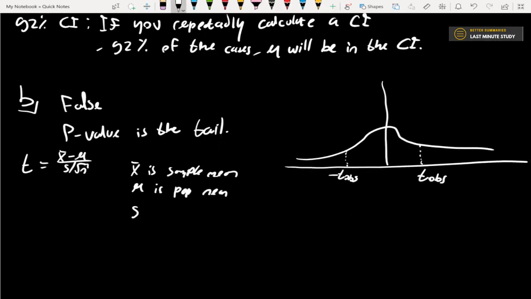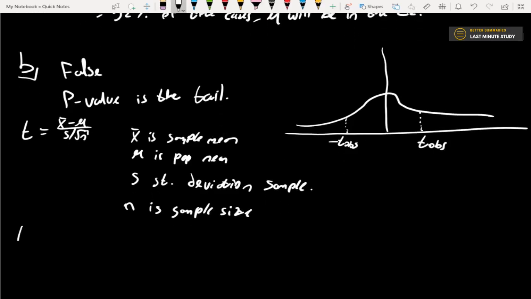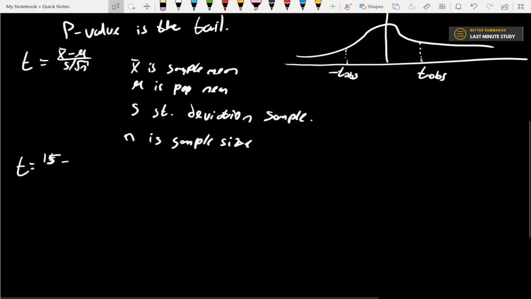Then we got s, standard deviation, also from your sample, and n is sample size, right? We know this. So suppose you have some given parameters that x bar is 15, your sample average, then under H0 mu is going to be, let's say, 12.